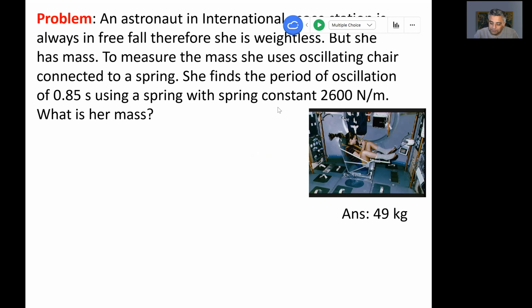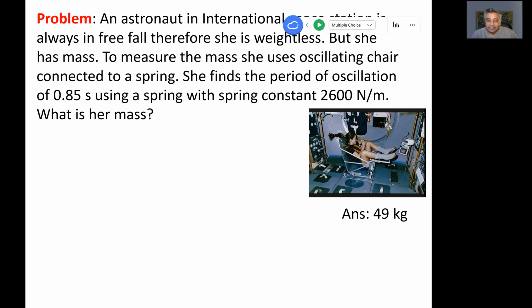So now, when you are at the space station, what happens? You are weightless because you are constantly falling with the acceleration g. You are in free fall along with the space station.